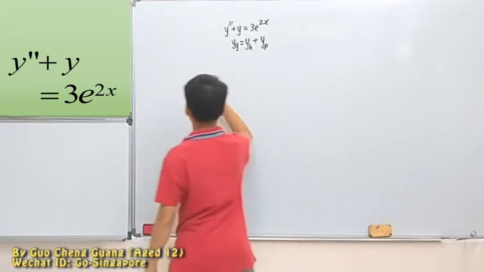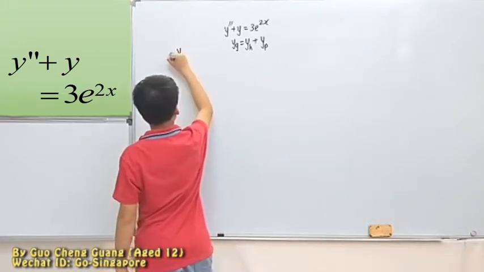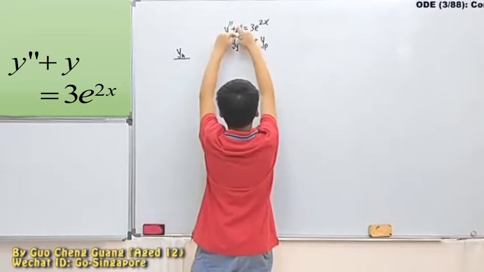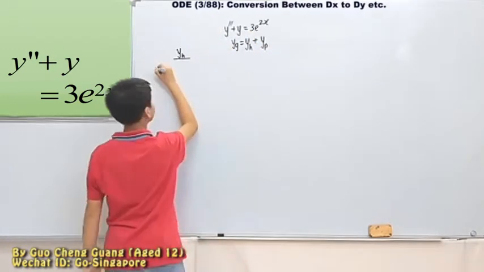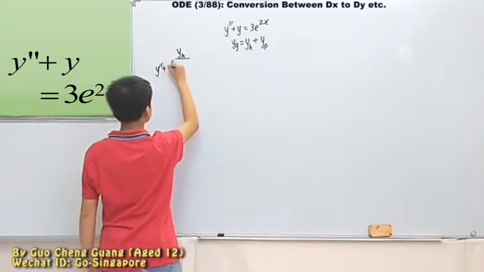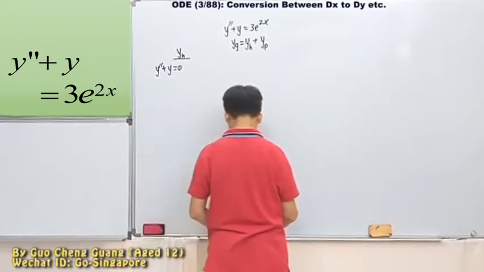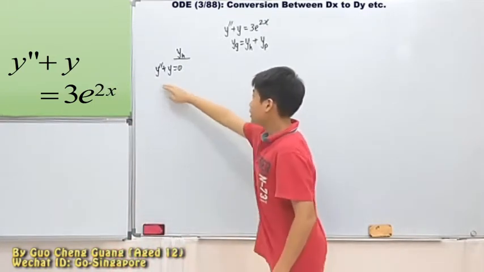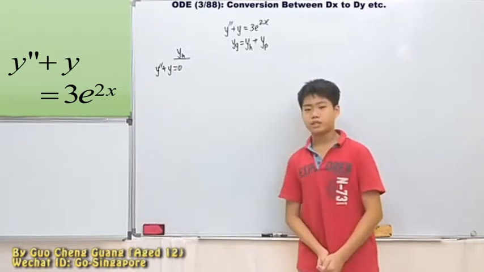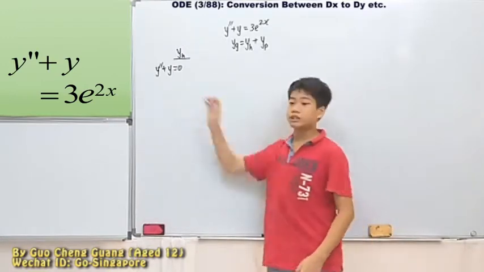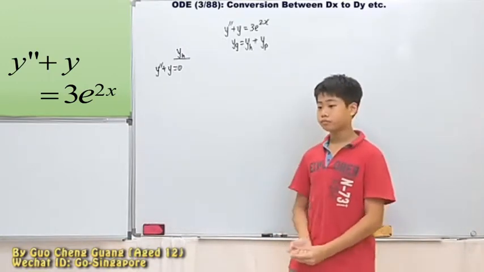So for YH, that means you have to let this whole part just be equal to 0. Here's the difference. In the past, we have always said, just use characteristic equations.